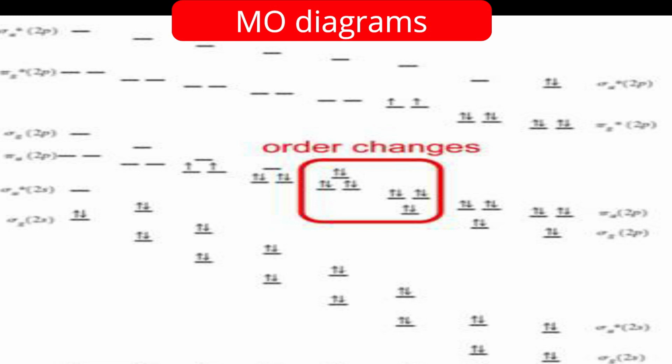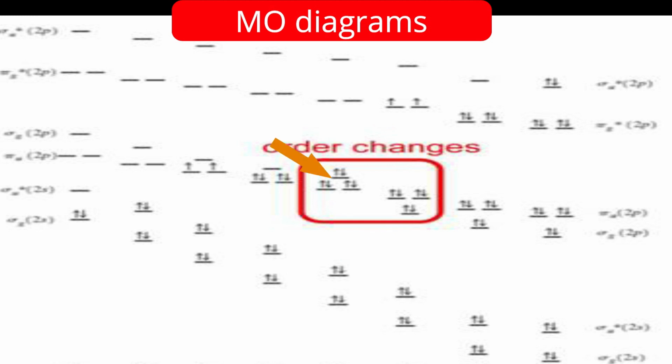On the very left side you will find the representation of the lithium molecule, then beryllium molecule, then boron molecule, then carbon molecule, and where red rectangular orbitals are represented, that's the first set, the nitrogen molecule. Next is the oxygen molecule, where crossover is there, crossover of the energy levels of sigma 2pz and pi 2px and pi 2py.